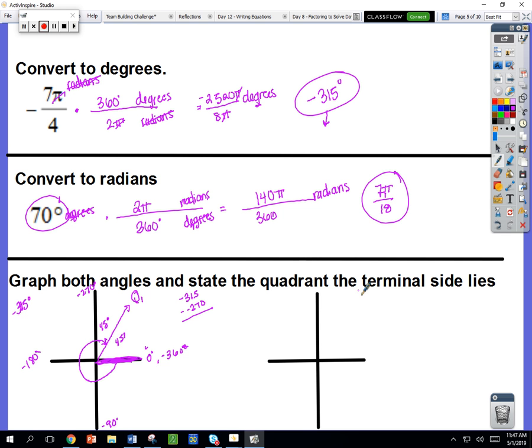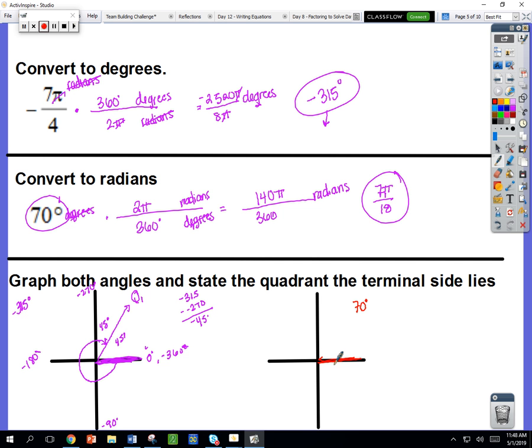So now I need to graph 70 degrees. That's going the positive direction.